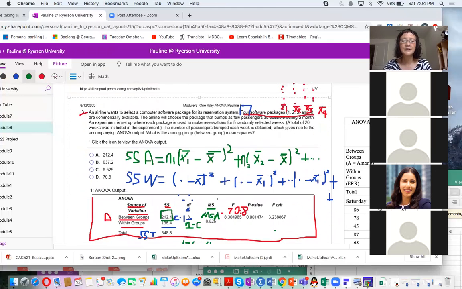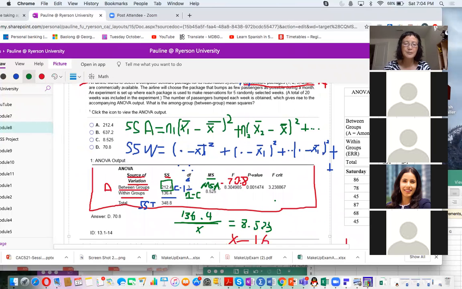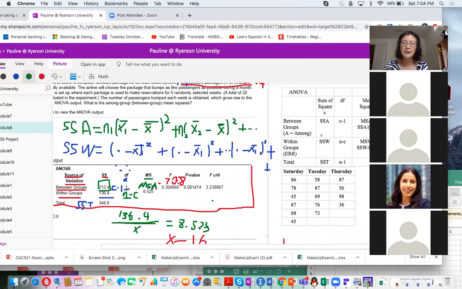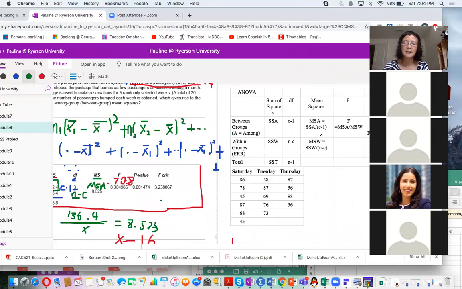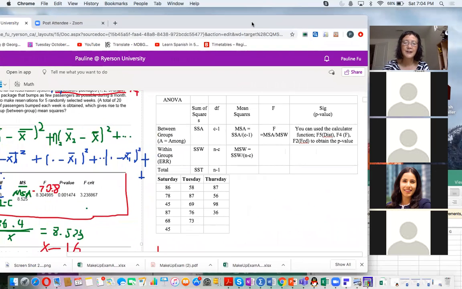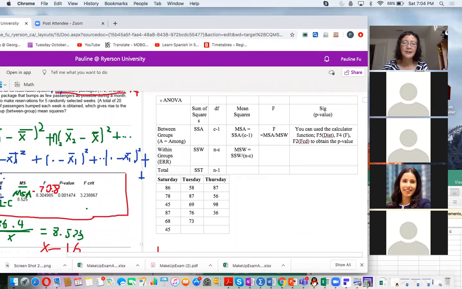I explained in detail about each and every item in this table. Remember, you should be comfortable with this table. By the way, there is a general formula here, and you can get this in the online module as well as the textbook. See here, this is the ANOVA output. You have SSA, SSW, we explained.